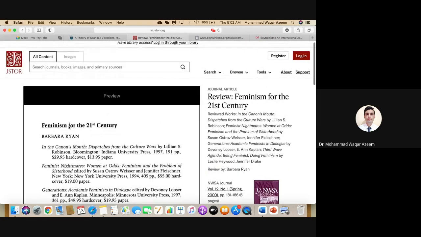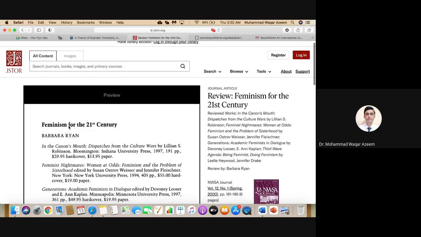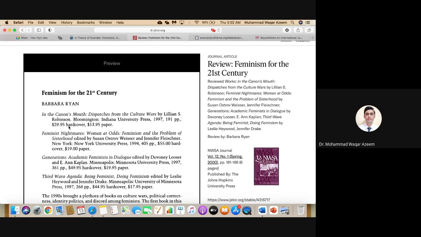It might be useful for you in the sense that it might give you a broader view of the developments in research in the field of feminism in the 21st century. Okay, if that is really what you're looking for, it is useful. But as far as the reliability and authenticity of the work is concerned, there is no question about that.